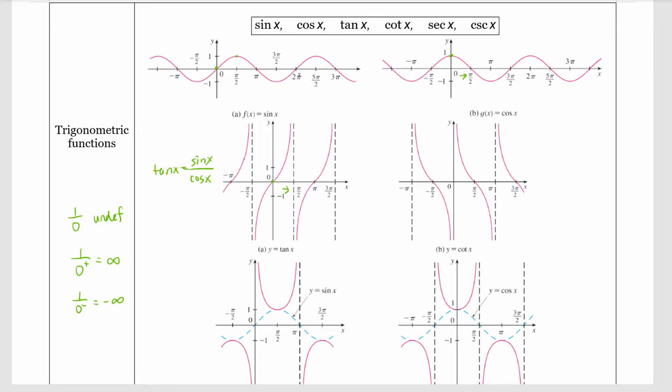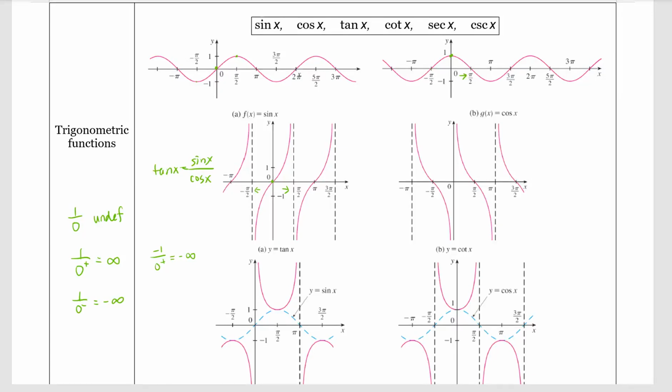And when x goes to minus pi over 2 from the right, your sine is -1, and your cosine is getting close to 0 but is above, so it's 0 plus. So -1 over 0 plus is minus infinity. You look at how many negative signs there are: 2 negative signs would be positive, 1 negative sign would be negative. So from the pictures of sine and cosine, we can get the picture of tangent.